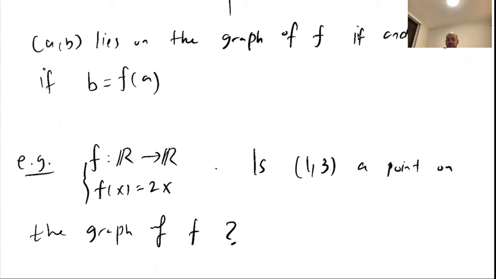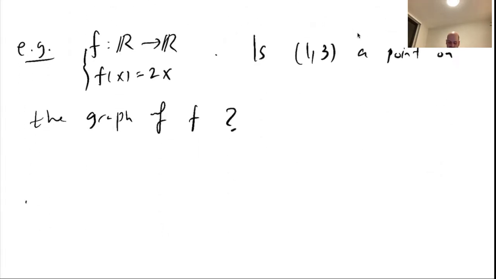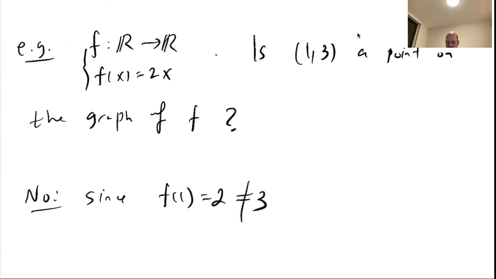If the first coordinate comes from the domain, well, here the domain is all real numbers, so the first coordinate is 1, which belongs to the domain. Well, that's okay. And then the second coordinate should be f of the first coordinate, so the output corresponding to the input. Now, if the input is 1, the output will be f of 1, which is 2, not 3, right? So (1, 3) will not be on the graph of f. So the answer is no, since f of 1 is equal to 2, which is not equal to 3.